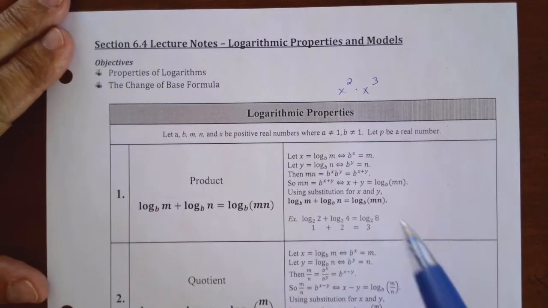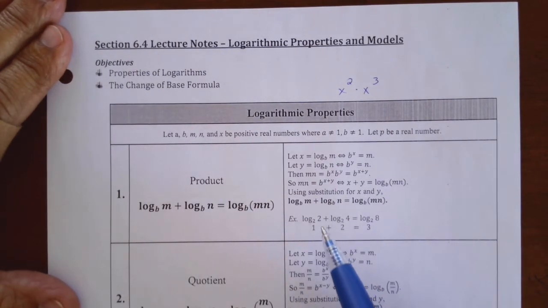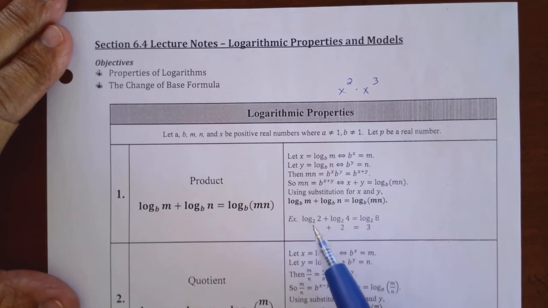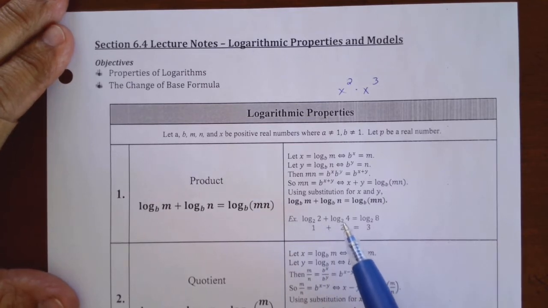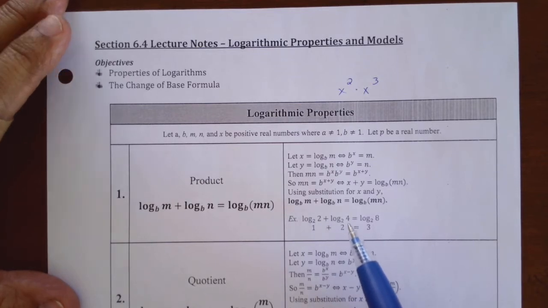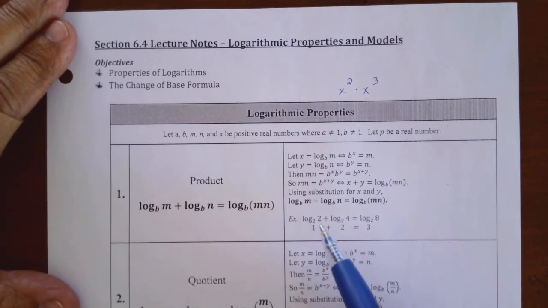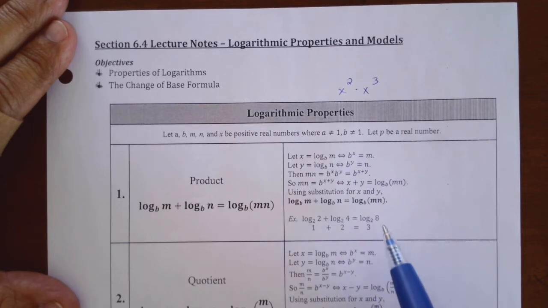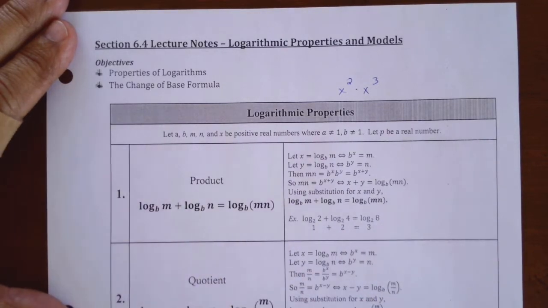The big example I want you to see is that over here you've got two logs with the same base that are being added. So we can condense that down to one log where you multiply the answers together, okay? So logs that are being added, you condense by multiplying. That's what the product rule says.